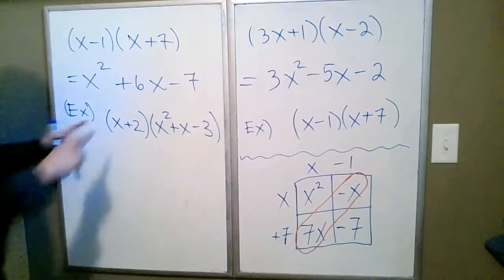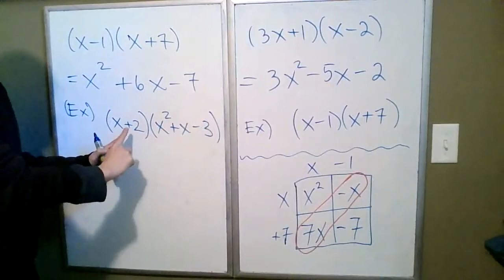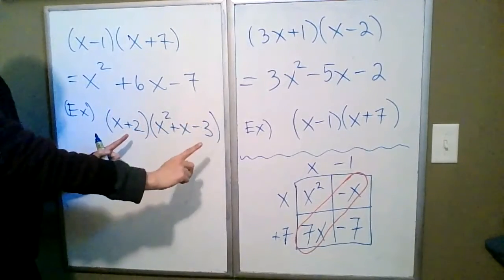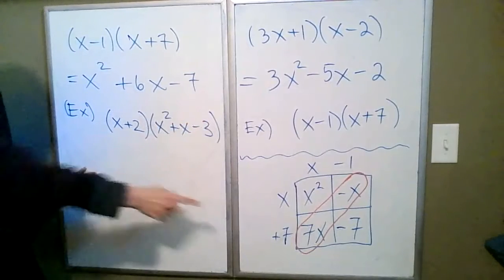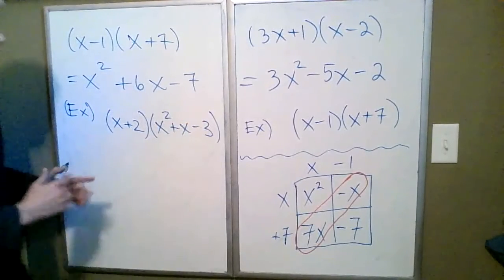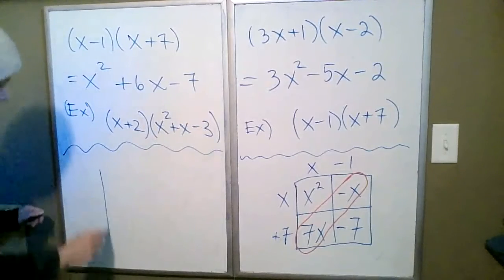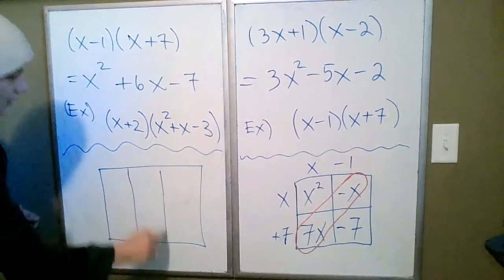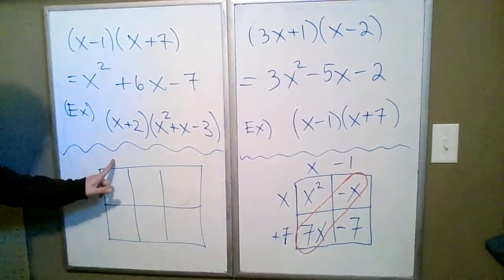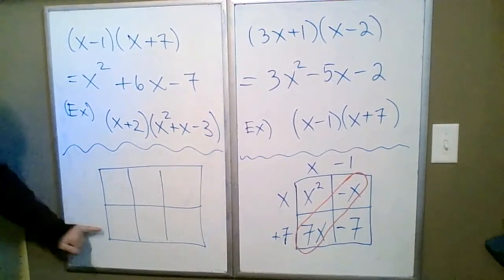One way to do this is to multiply x with all 3 terms, and then multiply the 2 with all 3 terms, like foiling, but more to it. I'm also going to just try it with a rectangle. So this time, you need the x squared plus x minus 3 multiplied with x plus 2.